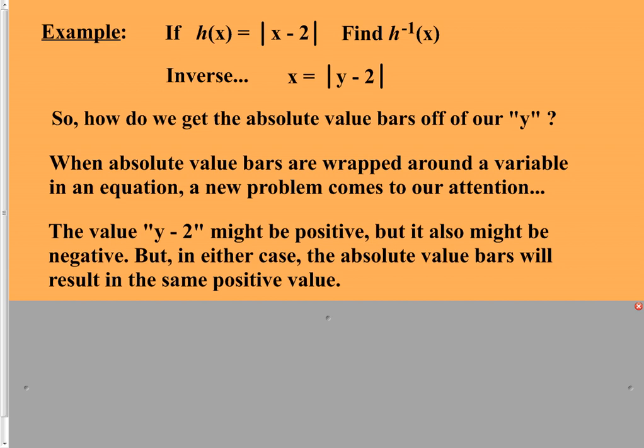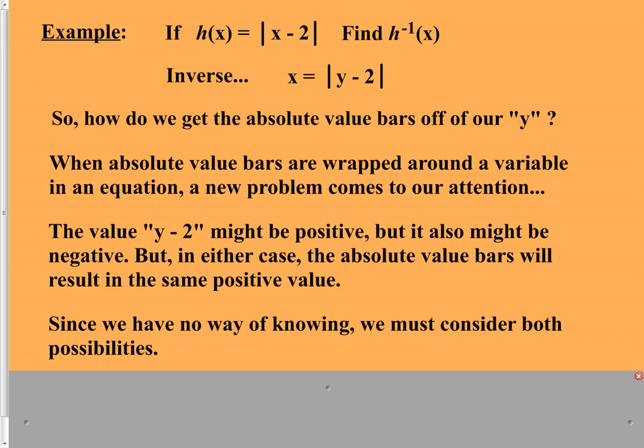So there's two different possibilities that end up in the same answer. We cannot ignore that there are two possibilities. We must pay attention to each of them. And since we have no way of knowing whether it's a positive value or a negative value, we must consider both possibilities, because there's two values for y that can make this a true statement.